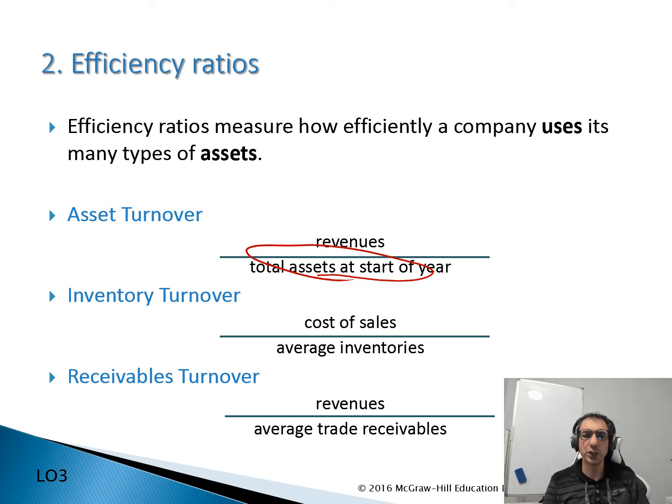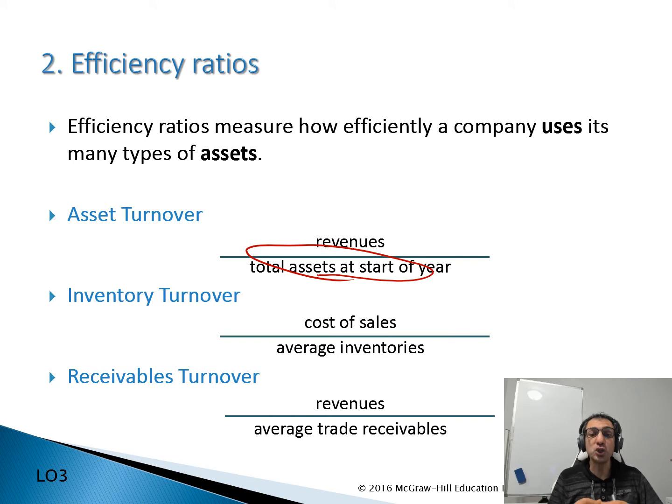Inventory turnover is dividing cost of goods sold or cost of sales by average inventories. Receivable turnover, similar argument, you're using the accounts receivable here and revenues. Now, in general, when you have a higher turnover, it doesn't matter if it's for assets, inventory, or receivables, it means you are using that type of asset or inventory in a better way.